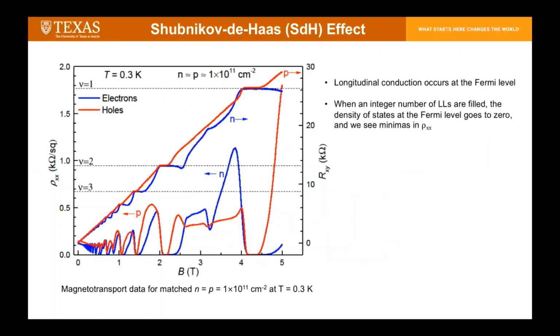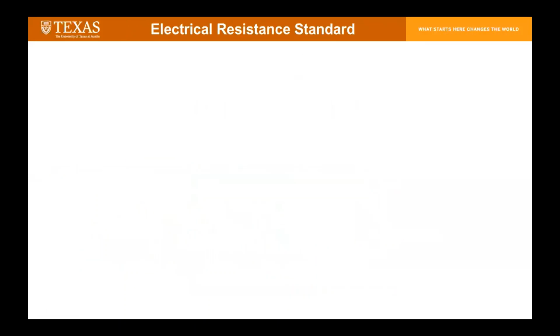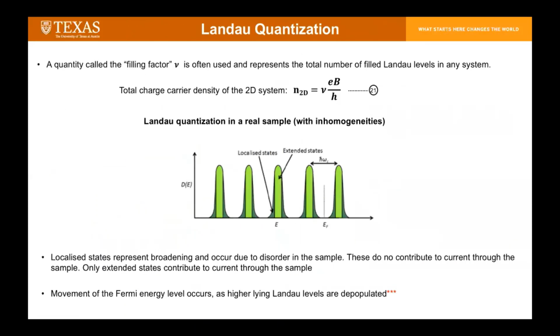Yeah, so the other effect that happens in the longitudinal resistance at the same time when you see these plateaus in the transverse resistance are these oscillations. When the Hall resistance gets quantized, the longitudinal resistance exhibits these oscillations called Shubnikov-de Haas oscillations. And I guess you can tell why these would happen, because we talked about these Landau levels, right? And so the longitudinal conduction occurs at the Fermi level.